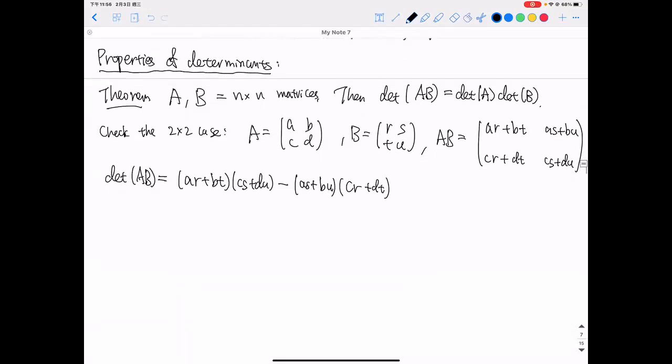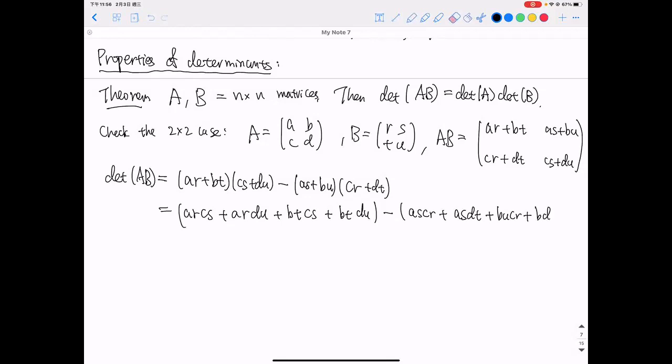And what else can be done at this point except to expand: ARCS plus ARDU plus BTCS plus BTDU, minus a bunch of things: ASCR plus ASDT plus BUCR plus BUDT.